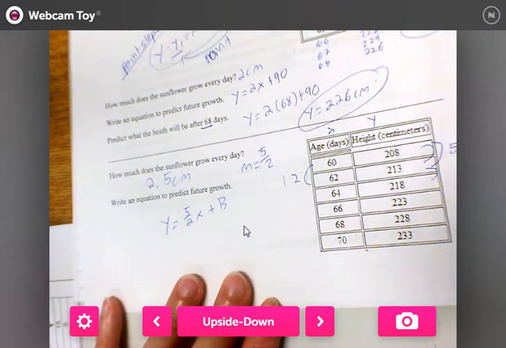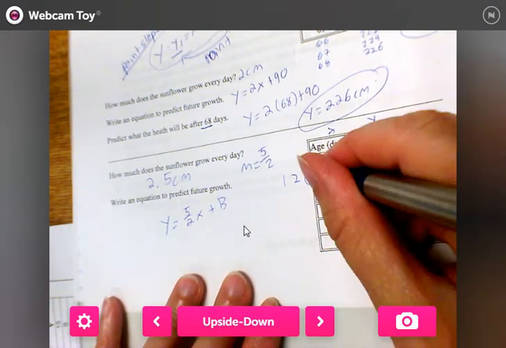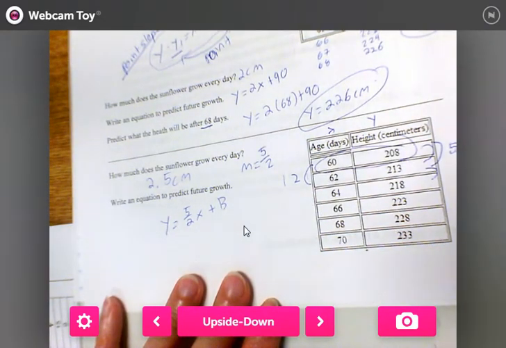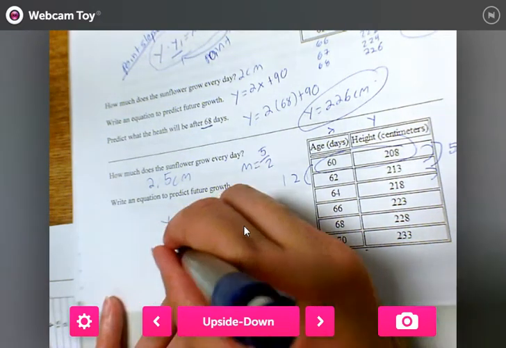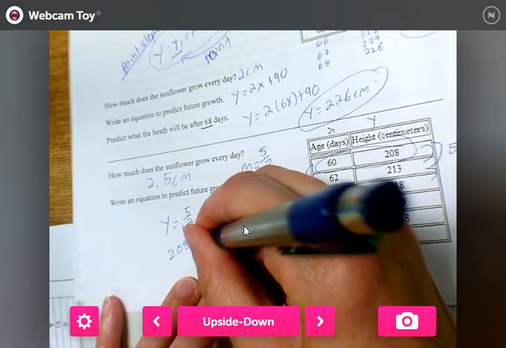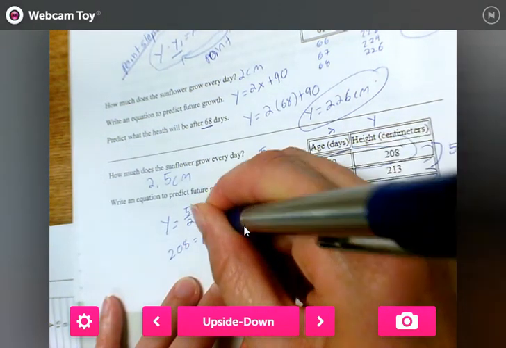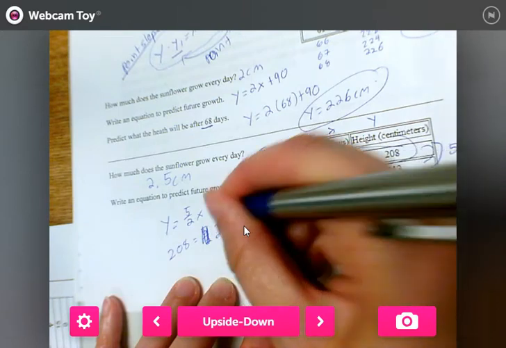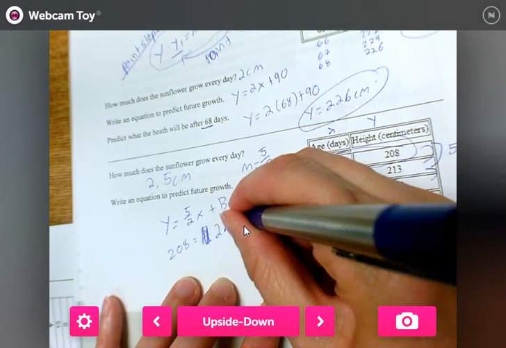So I am just going to take the first x and y and plug it in. 208 equals 5 halves, or 2.5. You guys like decimals better than fractions? 2.5 times 60 plus b.